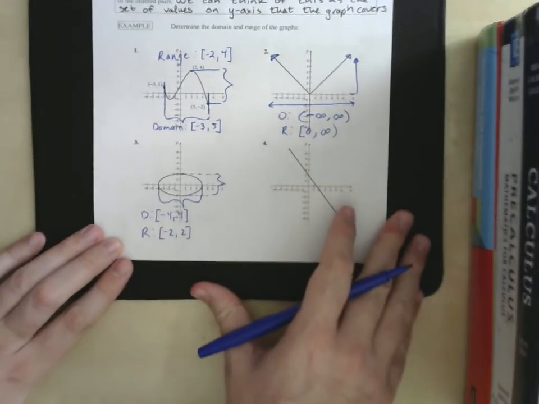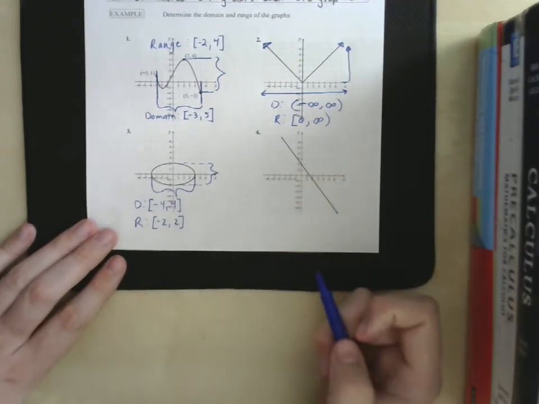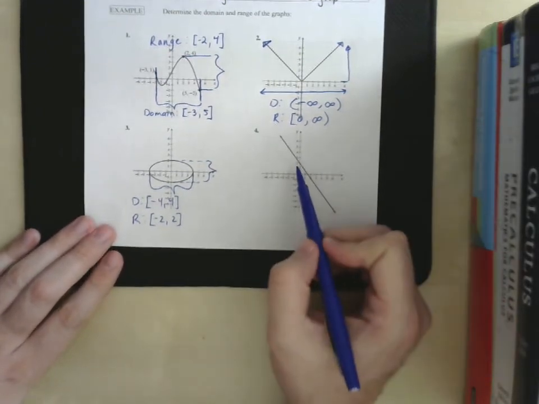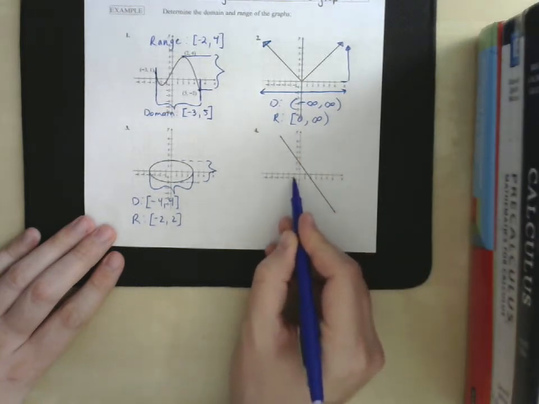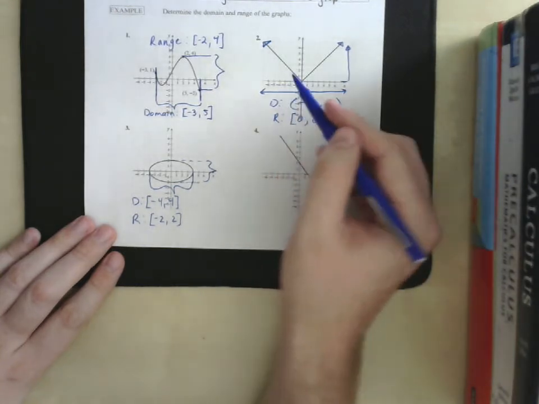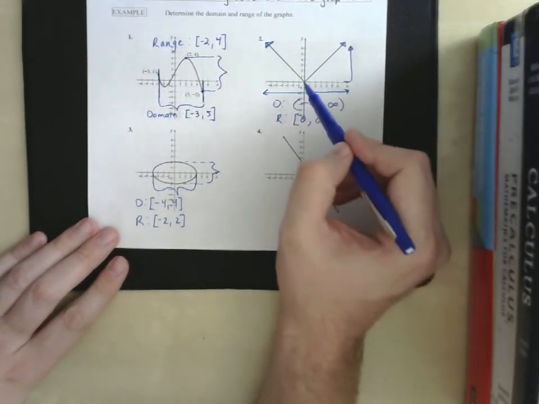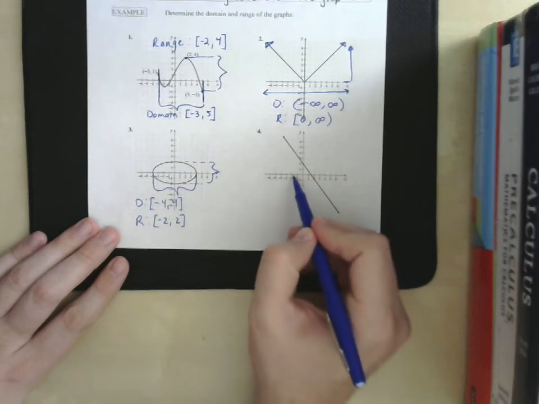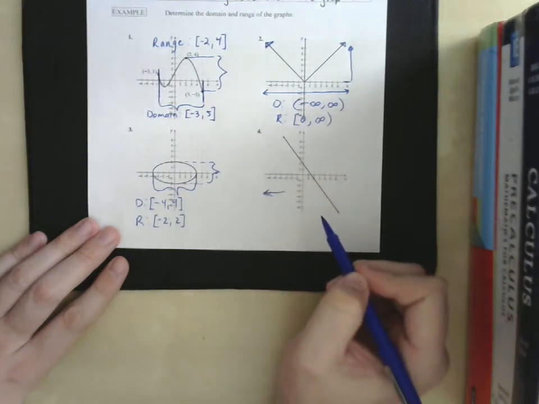And then here we have a line, just to kind of crystallize everything we've been talking about with lines and functions and linear functions. We can see that as we go down the negatives, this, like the absolute value function here, which we'll talk about in more detail in a later chapter, keeps going up and keeps going to the left, so this is going to continue on forever in this direction.